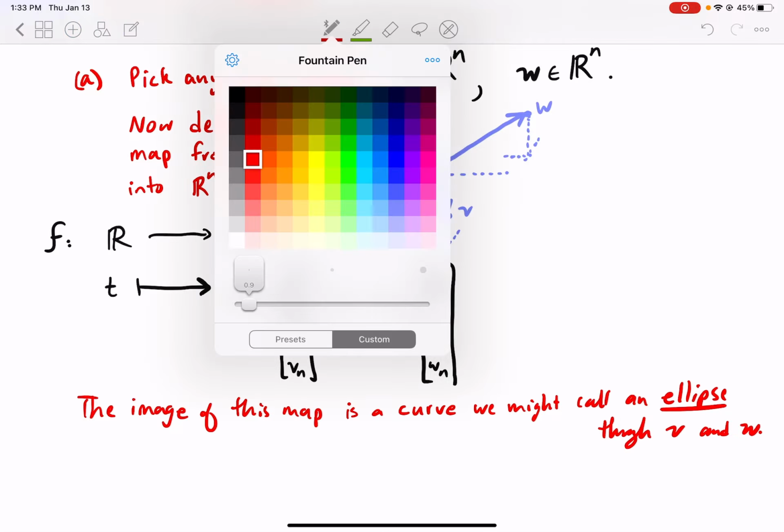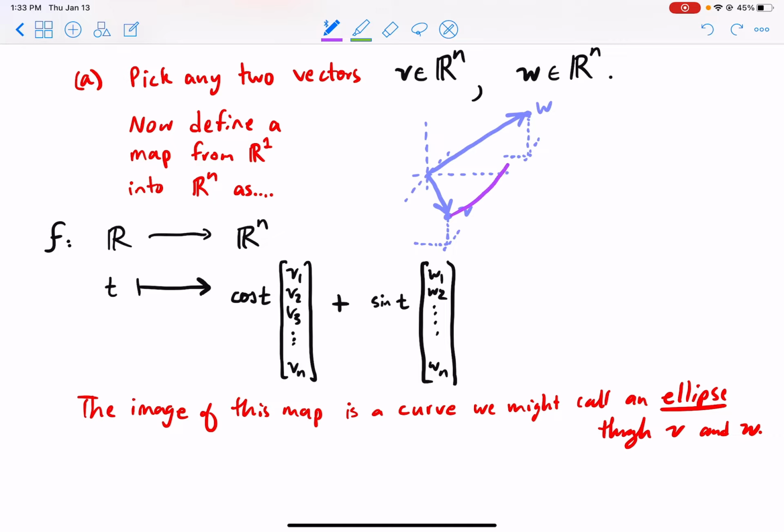Maybe it goes, I don't know what it does. It's hard to draw in 3 dimensions, but I'll do my best. Maybe it looks like that. So in particular, this ellipse goes through v, it goes through w, and then it keeps going, and eventually it gets to minus v, which is over here, and then it keeps going, and then eventually it gets to minus w, which is that vector way over there.